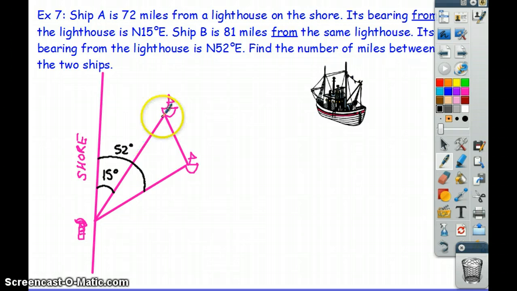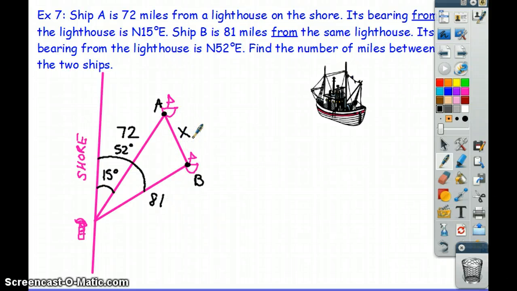This one has to be ship A then, and this one's ship B. So once again, from the north line, one is 15 degrees to the east. The other one from the north line is 52 degrees east. A is 72 miles from the lighthouse. B is 81 miles from the lighthouse. And so we're trying to find this distance.